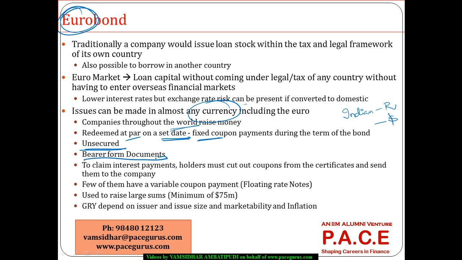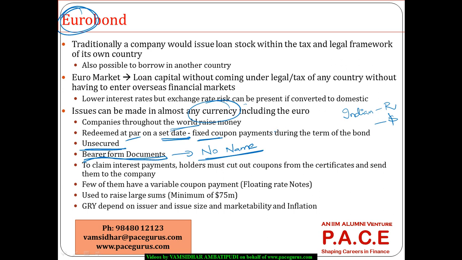And an important part is it is a bearer form document, which means there is no name that is printed on it. Just like our currency, right? If you look at our currency, whosoever holds that paper of currency, $100 note, he is the owner of that. There is no name of the person on that currency.